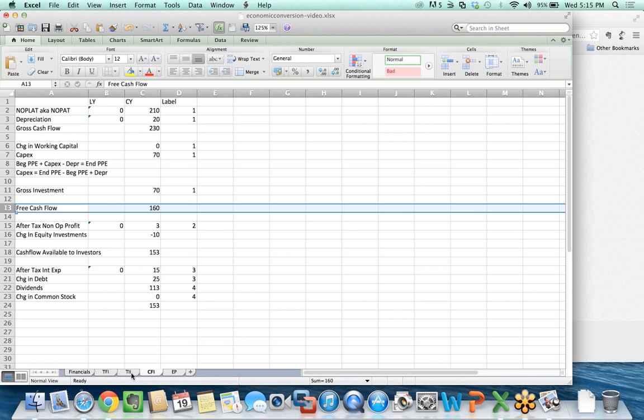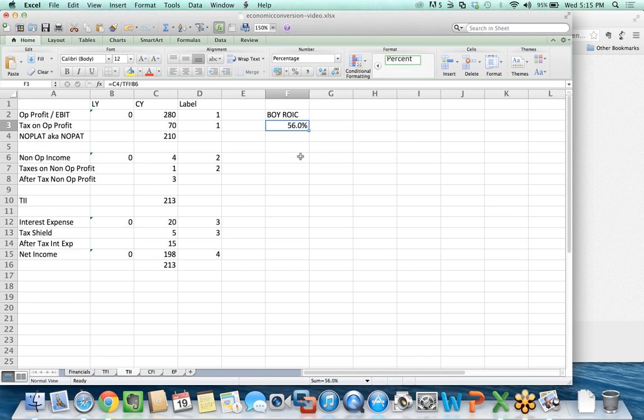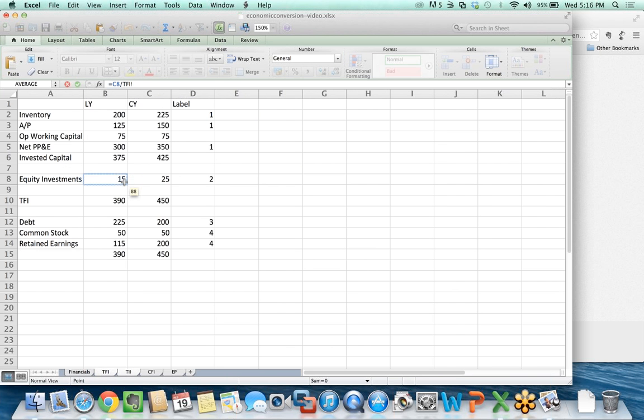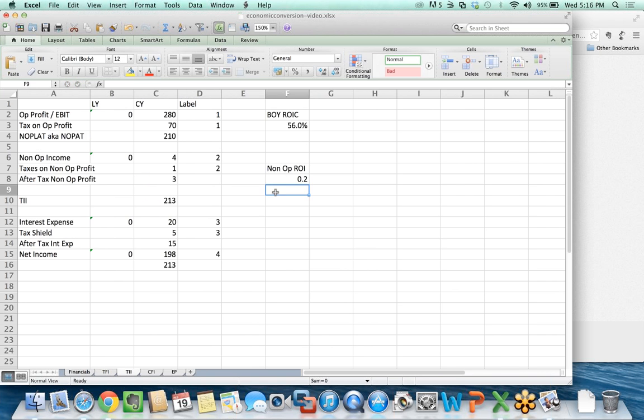So here's the thing. The average return on invested capital on an operating basis is, as we just saw, 50%. But what I can also do is get my non-operating ROI. So basically, if I earn $3 million on my non-operating assets, in this case, last year it was 15, then I'm actually making a 20% return on my non-operating assets.